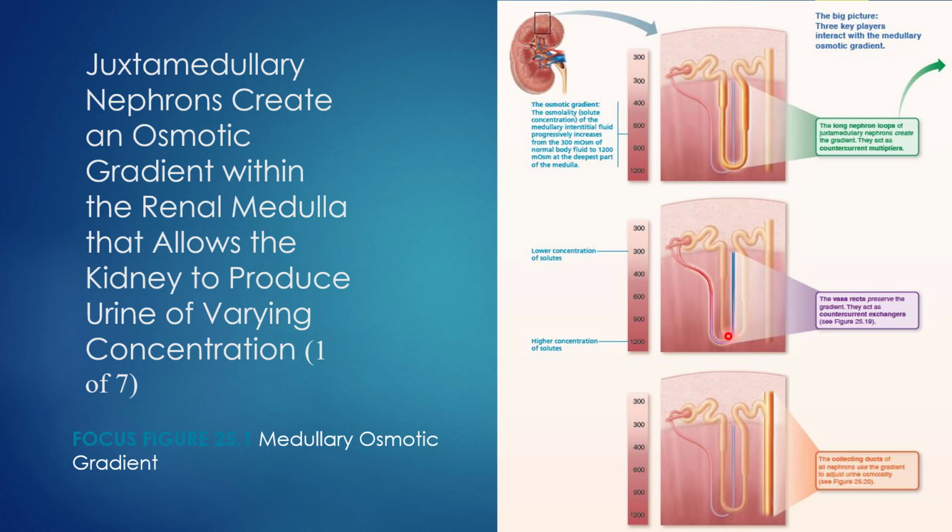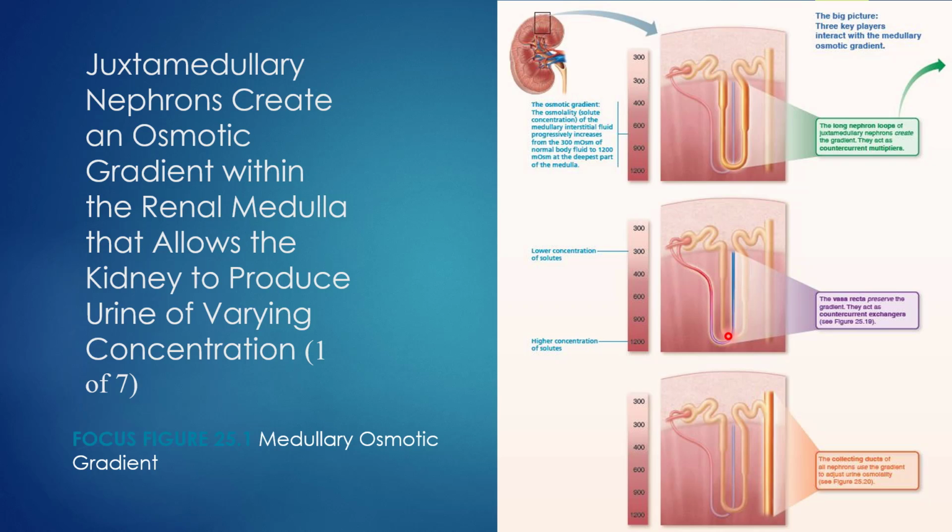On the other hand, the vasa recta and the capillaries would preserve the gradient. It is the very long hairpin loop that would act as a countercurrent multiplier. They multiply the salinity of the filtrate.